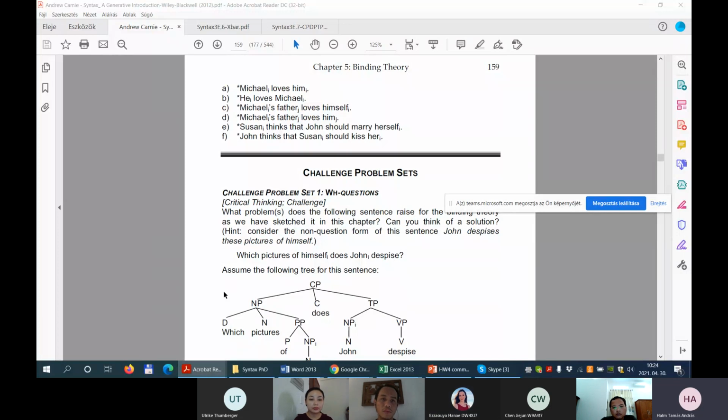So himself is not c-commanded by Michael, so it is not bound, and this is a violation of condition A. Okay, what about D?